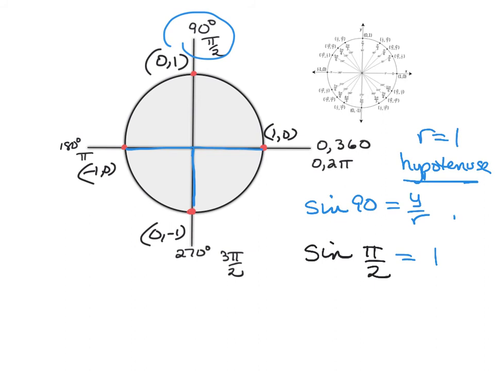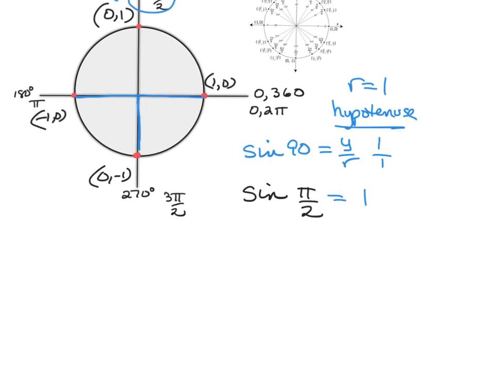Because remember, r is always 1. So sine of pi over 2 is 1. On the next slide, they're going to simplify things. They're going to tell you sine of theta is just equal to y, because again, we're dividing by r, which is always going to be 1.